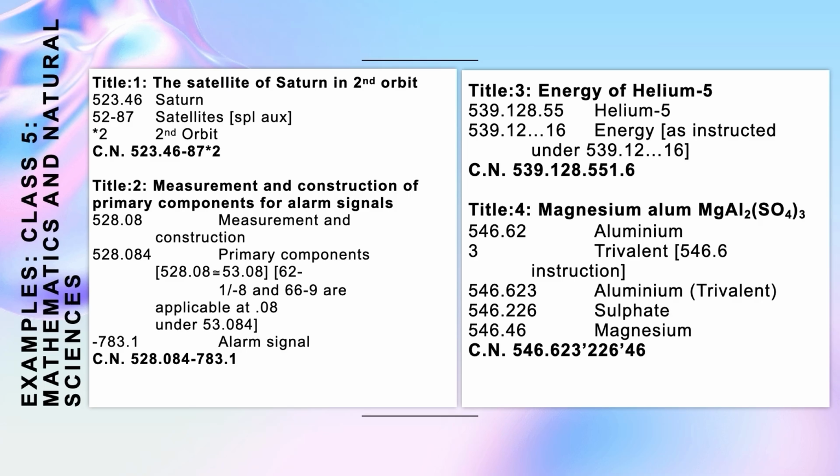Then trivalent aluminium will be 546.623, and sulfate is 546.226, and magnesium is 546.46. So the class number will be 546.623'226'46. This is a special auxiliary device.